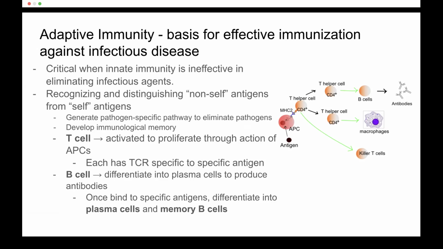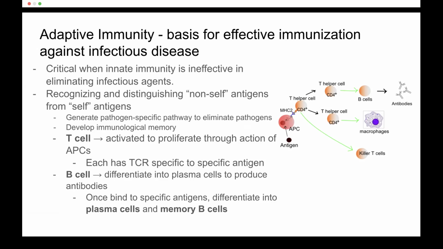And other than plasma cells, they will also differentiate into memory B cells. So on the right, it gives more information about what could happen after T cells bind to the pathogens.